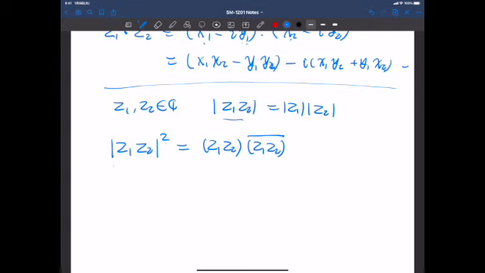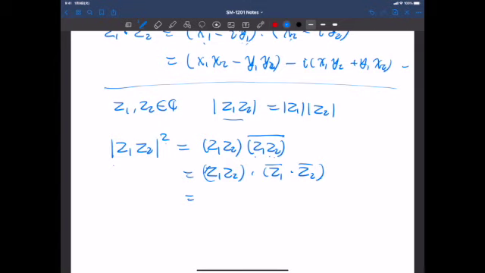But we already know that the conjugate of a product is the product of conjugates, right? So the second factor becomes z1 bar times z2 bar.